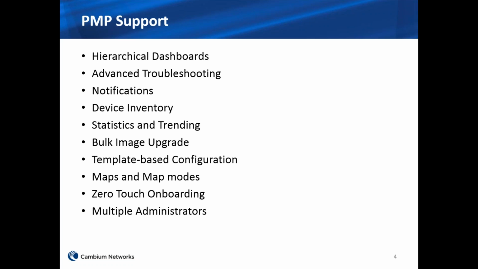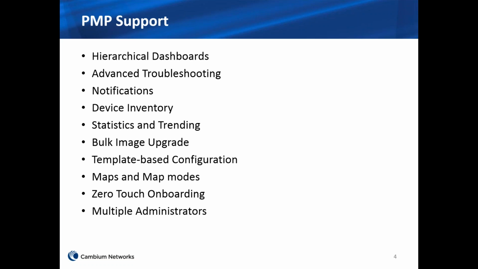Zero touch onboarding: for a pre-configured Cambium device, it will be automatically onboarded when it has network connectivity. And multiple administrators: you can invite your coworkers and colleagues to manage the devices using your corporate cnMaestro account. So that's basically the PMP support.